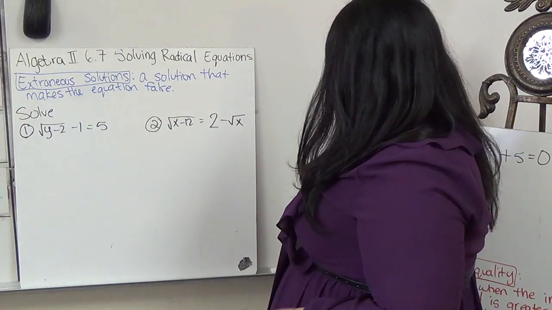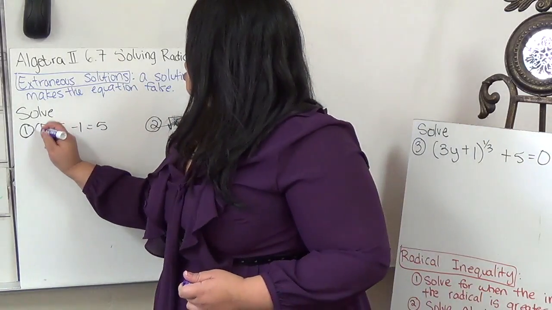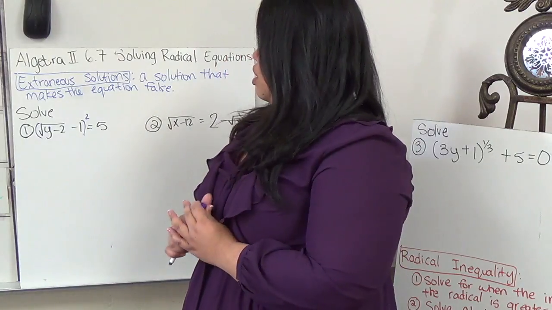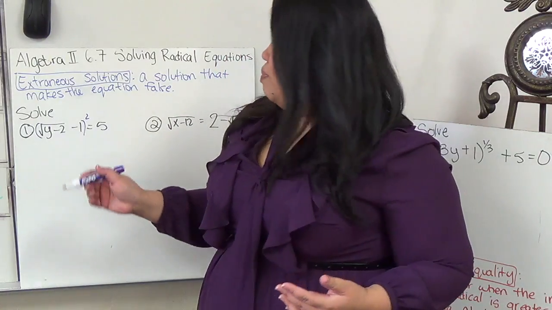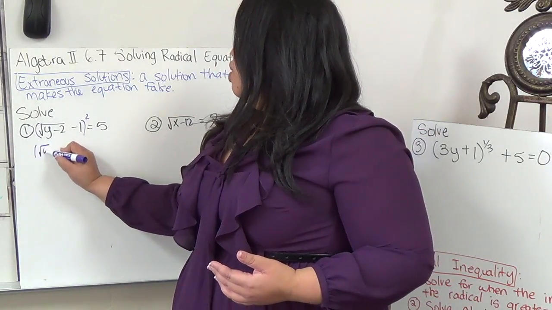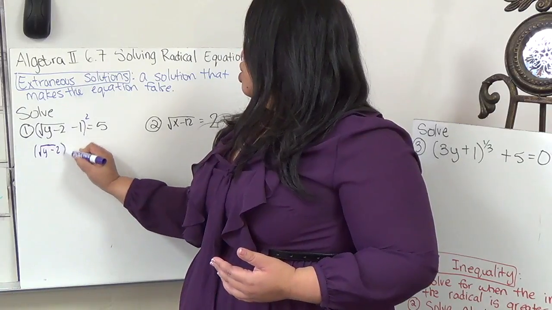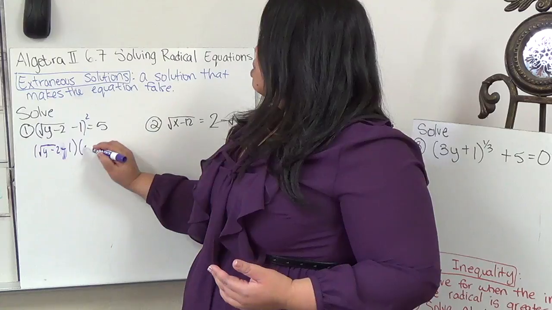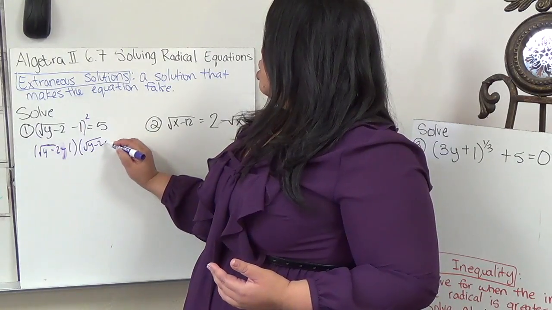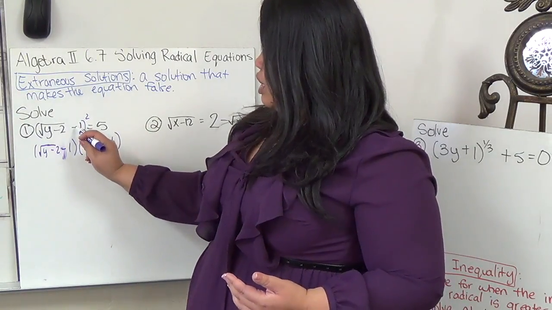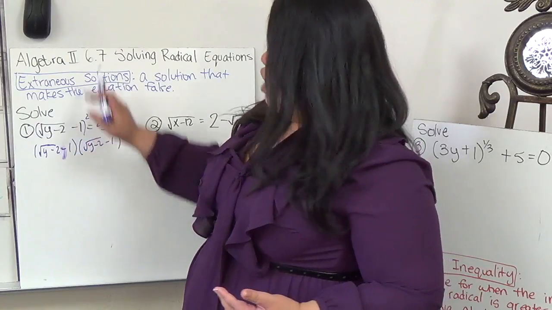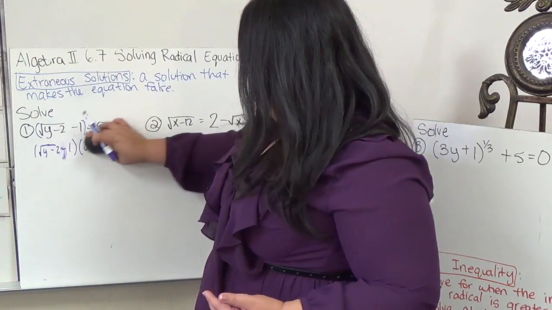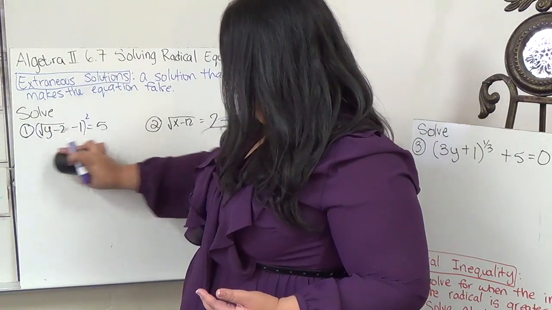But if I were to square this like this, I would end up with the square root of y minus 2 minus 1 times the square root of y minus 2 minus 1. I have to do parentheses because there's that minus there. Now, if that minus wasn't there and I could just square root, then it would cancel out that square root.